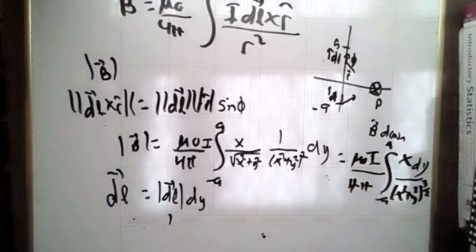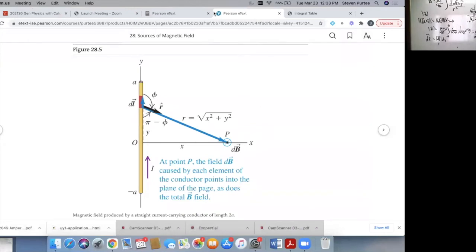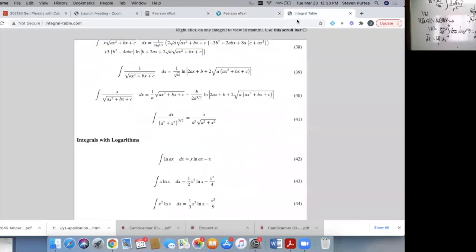Okay, so we're going to look up our table of integrals. And the only one we have that has a 3/2 as our exponent in the bottom is this one. But we got to be very careful here because this is dx. So I'm going to take this and rewrite this in terms of u, and then we'll rewrite it in terms of y.